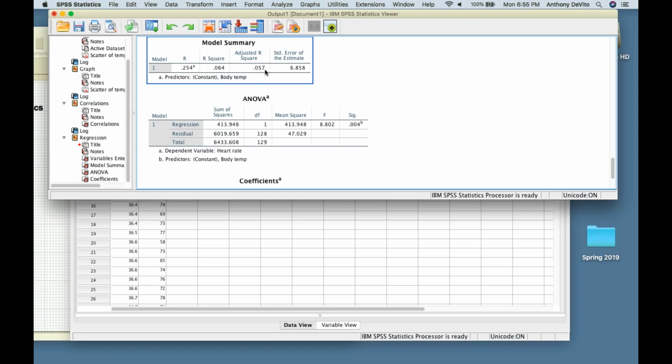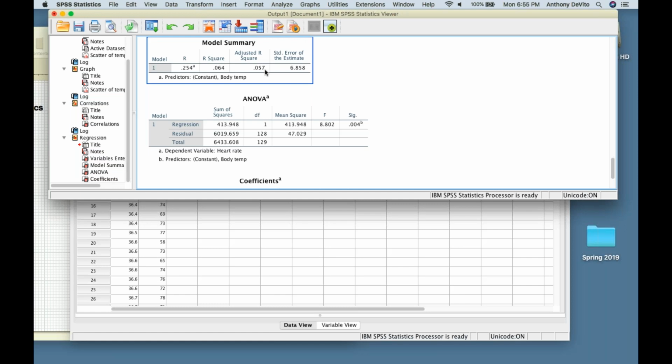There are several assumptions for regression. You can catch up on this in the textbook, I think. One of them is that the variables we're using are roughly normally distributed. If they're skewed and not normally distributed, that can throw a monkey wrench into this to some degree, right? It doesn't have to be perfect, but it can throw a monkey wrench into it. The other thing is, think about this.